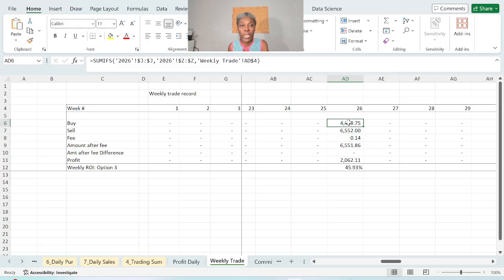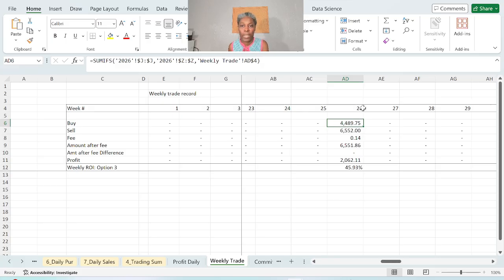So it's pulling stocks that are sold, it's pulling how much they cost, their corresponding cost.